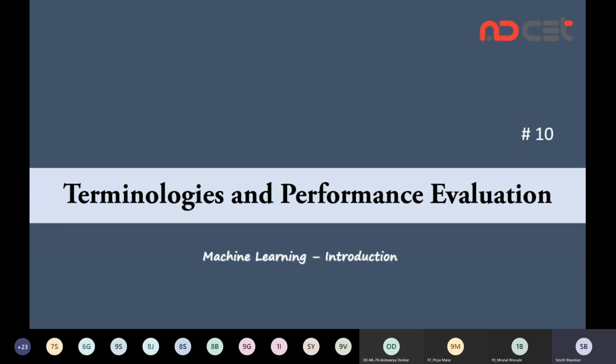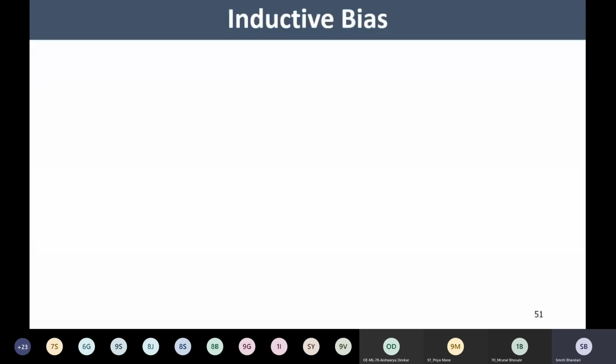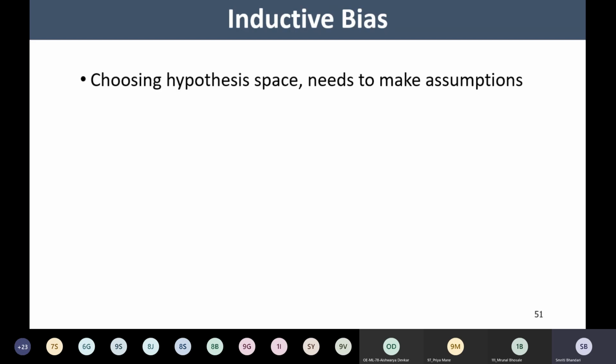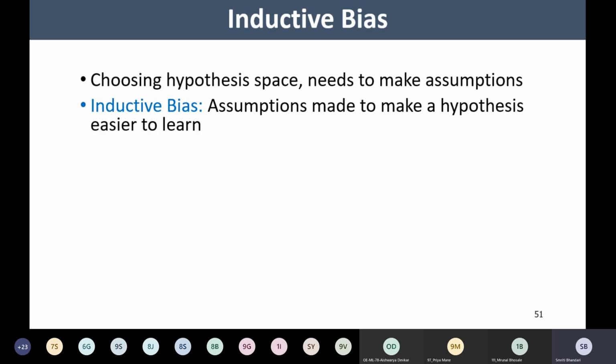And to do that, we have gone through the concept of inductive bias, right? So we mentioned that choosing an appropriate hypothesis space requires some kinds of assumptions, and the assumptions made to make a hypothesis easier to learn and to limit our hypothesis space, we have introduced this term, inductive bias.